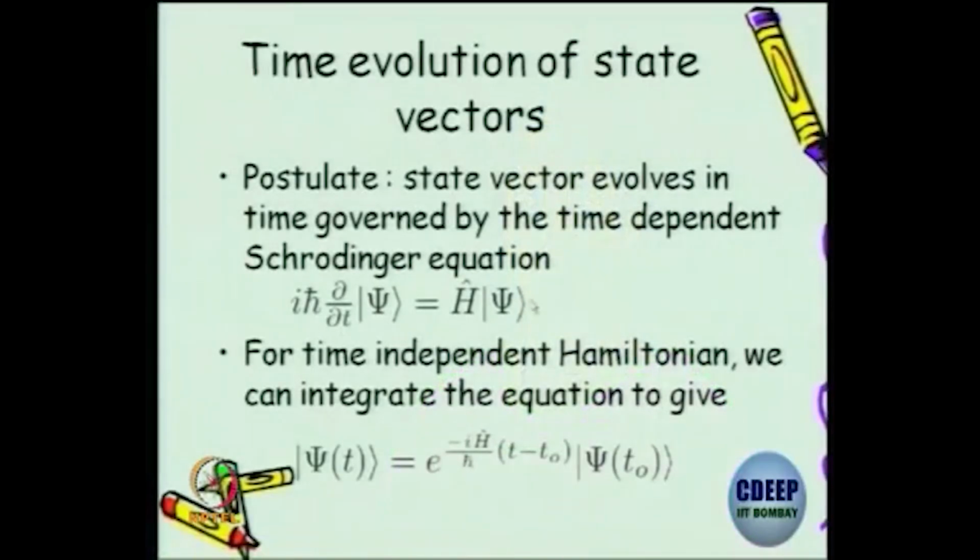and those properties will tell you what is the nature of this time evolution operator. This is the Schrodinger equation which gives you the evolution of the state vector, depends on the Hamiltonian of the system. If the Hamiltonian has no time dependence, then I can do this, and this piece is what we call a time evolution operator.